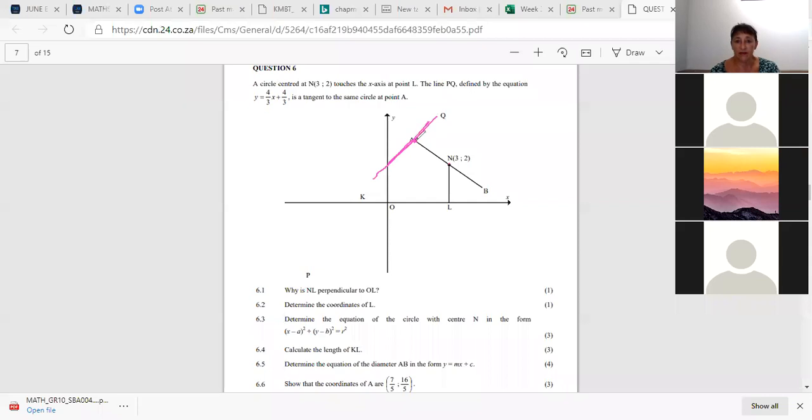It's at A, and then there's this circle around. So it's something like this, right? Okay, so something like that. Why is NL perpendicular to OL? Why is that perpendicular?